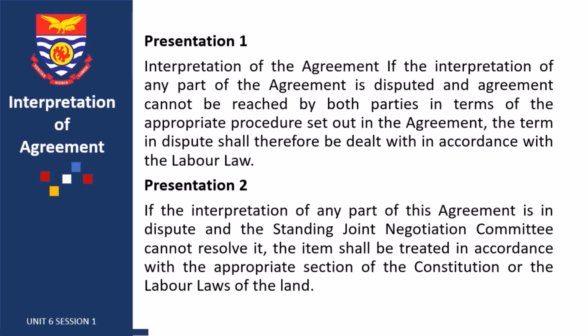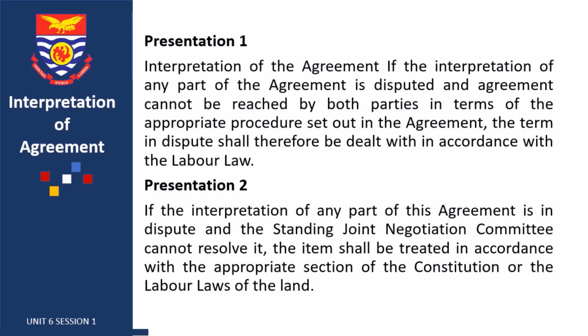So presentation one talks about the interpretation of the agreement. If the interpretation of any part of the agreement is disputed and agreement cannot be reached by both parties in terms of the appropriate procedure set out in the agreement, the terms in dispute shall be dealt with in accordance with the labor law.